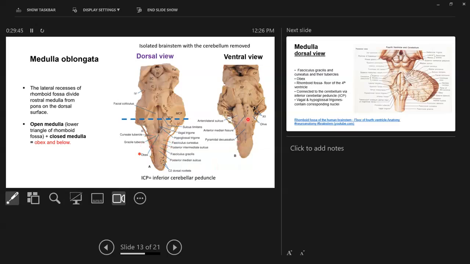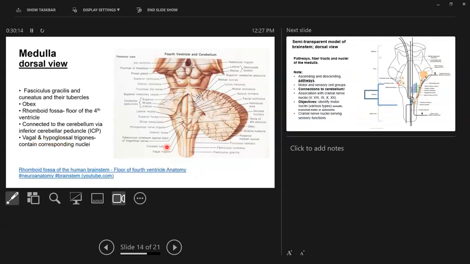We are, in fact, somewhere here. Now looking at the ventral view. So it is very critical that you recognize this dorsally from a specimen with the brainstem shown here with the cerebellum removed, giving you full access to the rhomboid fossa.